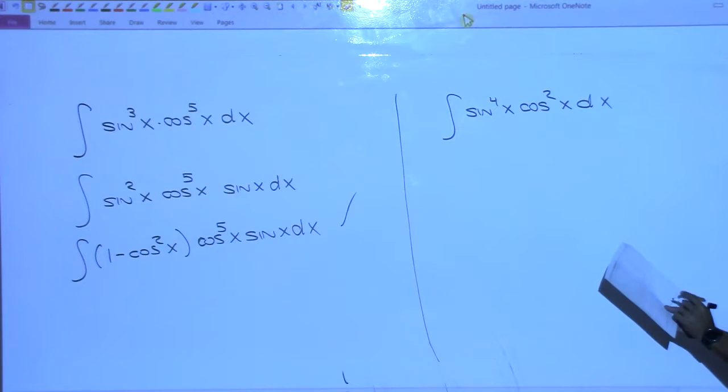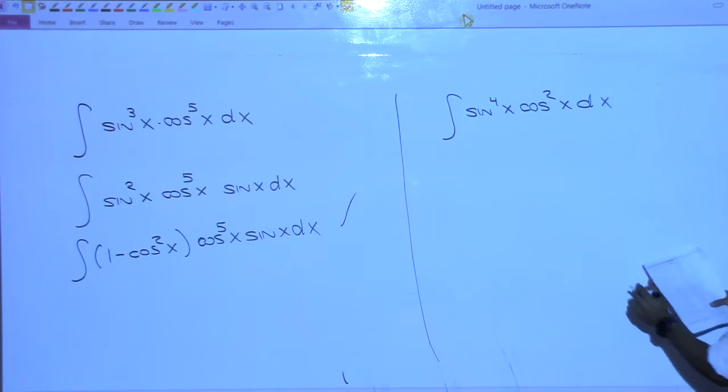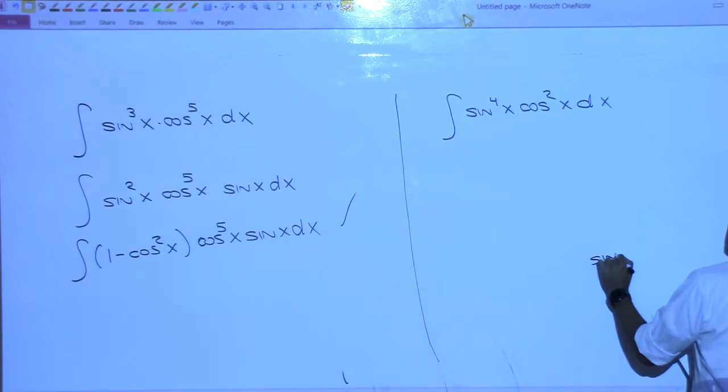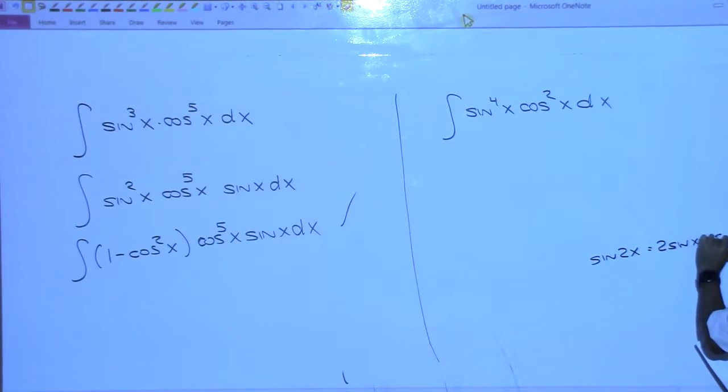I see what you're saying. The double angle formula, where it says sine of 2x, is 2 sine times cosine. I'm just trying to see what you mean by using this one.